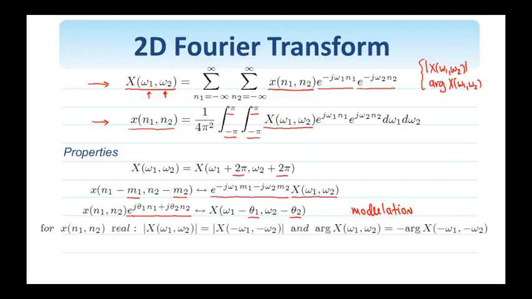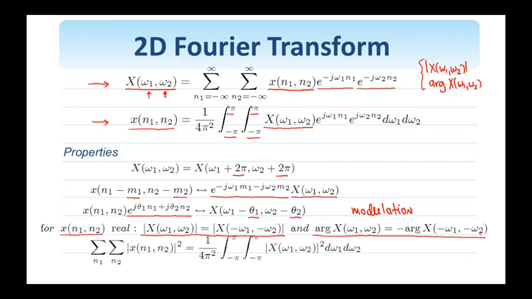Another useful property is this, which is typically referred to as the Hermitian property, which tells us that when the signal is real, then the magnitude of the Fourier transform has even symmetry, while the phase of the Fourier transform has odd symmetry.